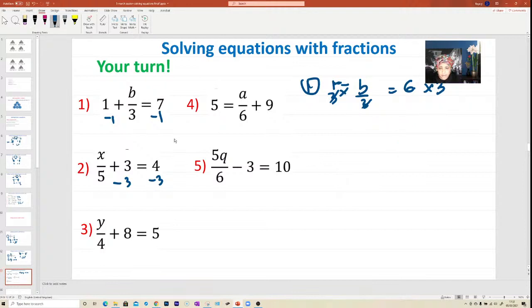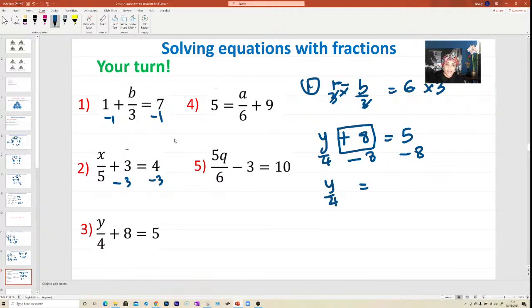And for number 3, we got y over 4 plus 8 equals 5. So we want to get rid of plus 8. Okay, remember the sign? Plus 8, so minus 8 and minus 8 on this side. So we have y over 4 is equal to 5 take away 8, which is negative 3.